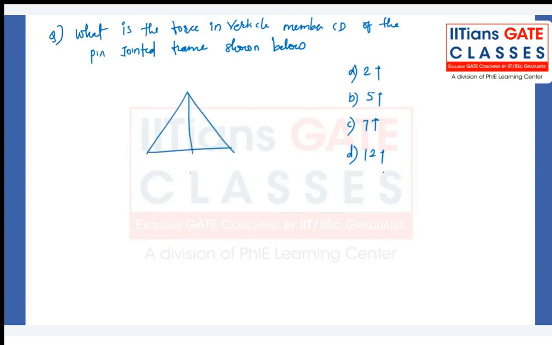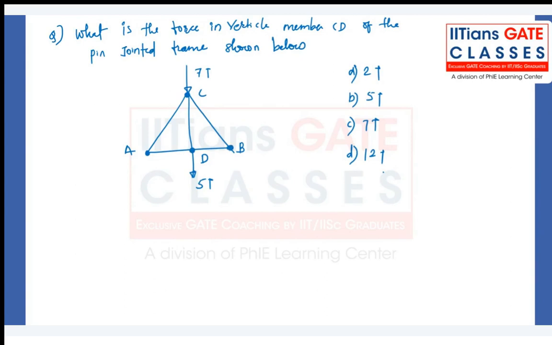Seven ton, 5 ton. E, B, C, and D. Okay. What is the force in the vertical member CD of the pin jointed frame shown below?